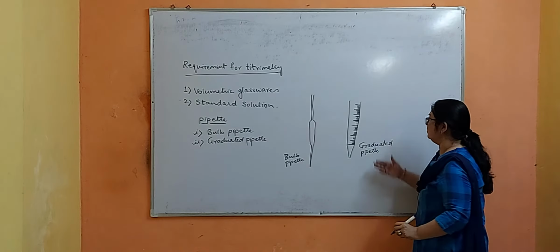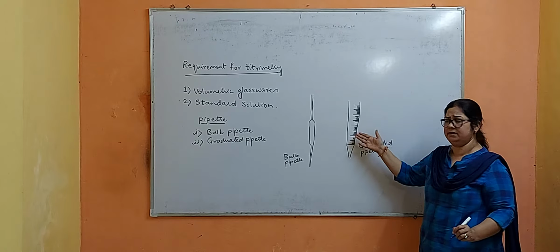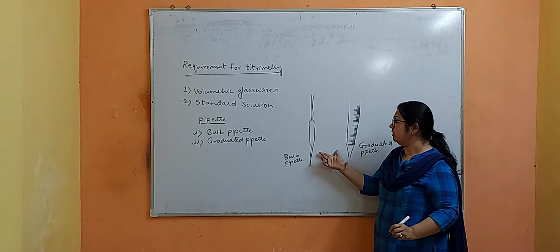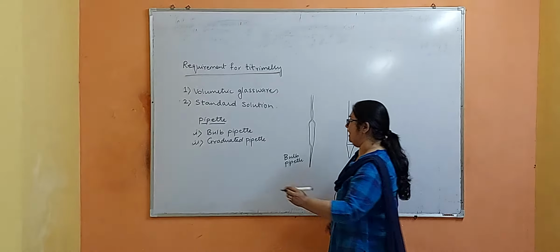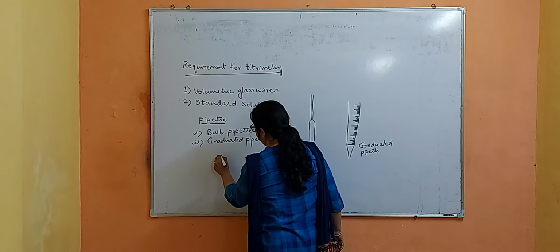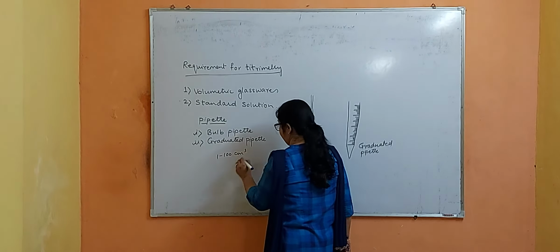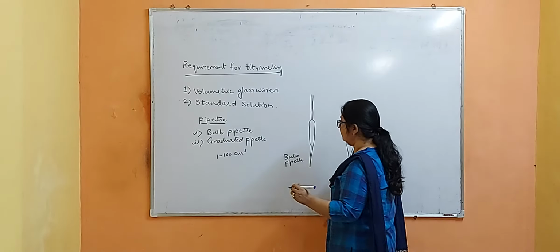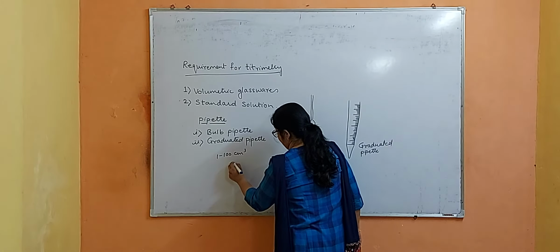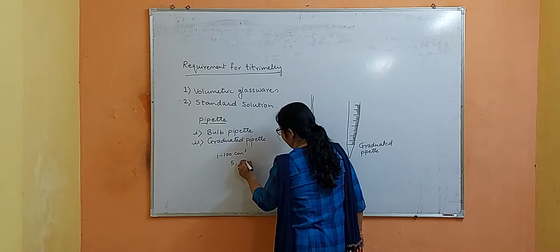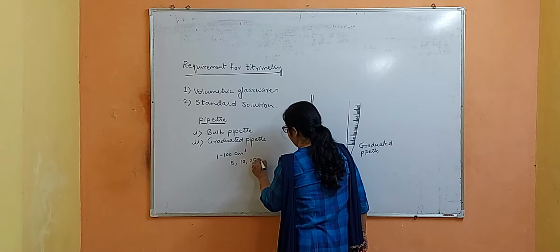Why is this called graduated pipette? Because marks are there on it. Now see, both these types of pipettes are available from 1 to 100 cm³ of volume. But generally these bulb pipettes used are of 5, 10 and 25 cm³.